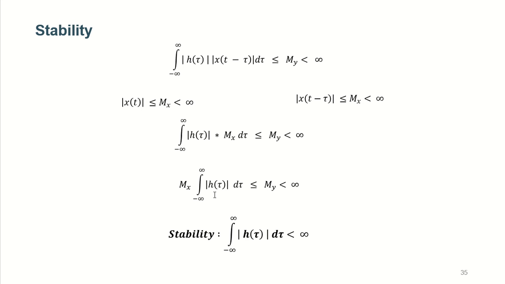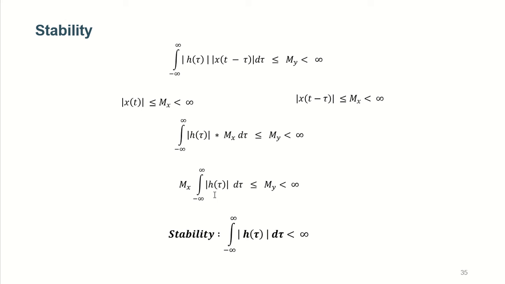So what is the condition again? The system will be called a stable system only when the output will be bounded for bounded inputs.